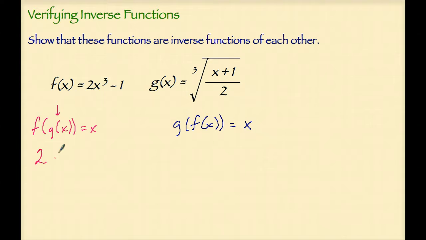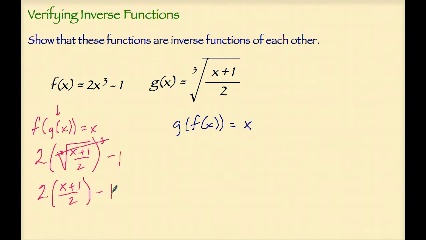So this is going to be 2 times the cubed root of x plus 1 over 2, quantity cubed, minus 1. Well, the cubed root and cubed are inverses of each other, therefore we'll have a simplified form, 2 times x plus 1 over 2 minus 1. Of course, 2 and 2 cancel, giving us x plus 1 minus 1, which is indeed x.